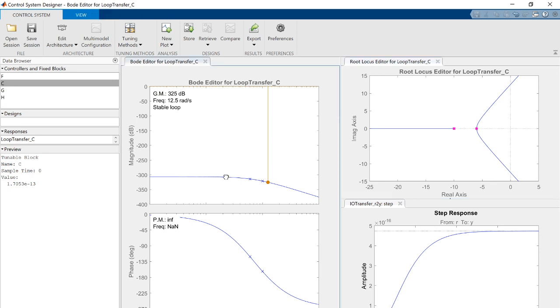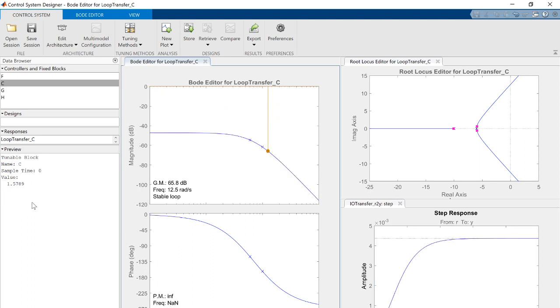Now I'm going to grab the Bode in here, and I'm going to start lifting it up. Okay, and if you watch the gain, we'll see that the gain is moving, the gain right over here. We see our closed loop poles move around a little bit, and we improved it a little bit. Let's shift it up some more.